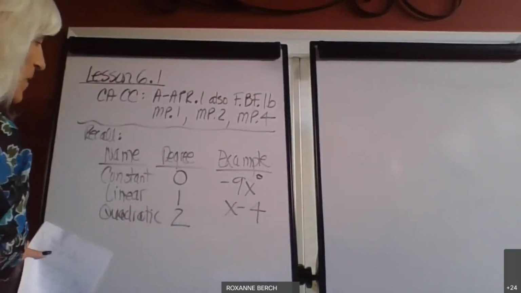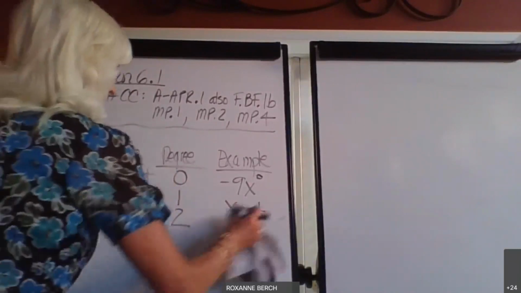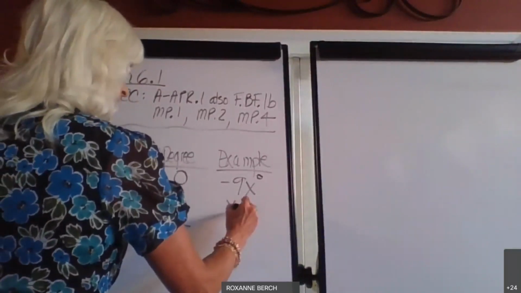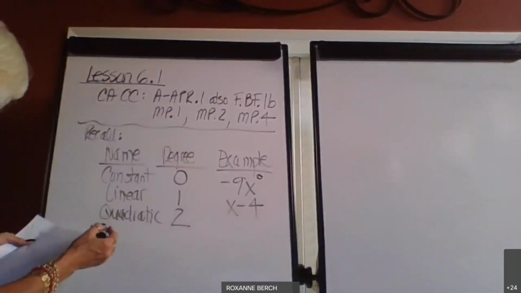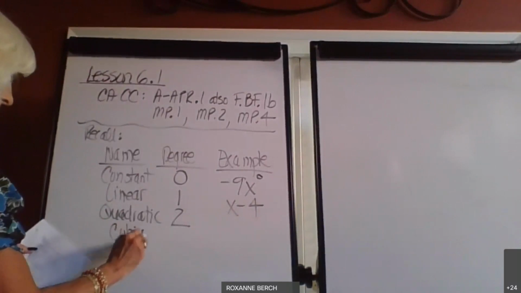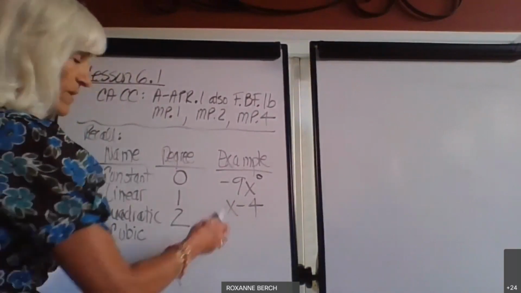You guys are going to do the next one. I'm not going to do the next one for you. Quadratic, the degree is 2. So give me an example of a quadratic.